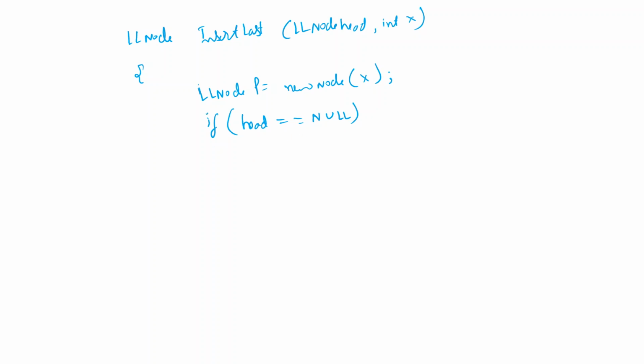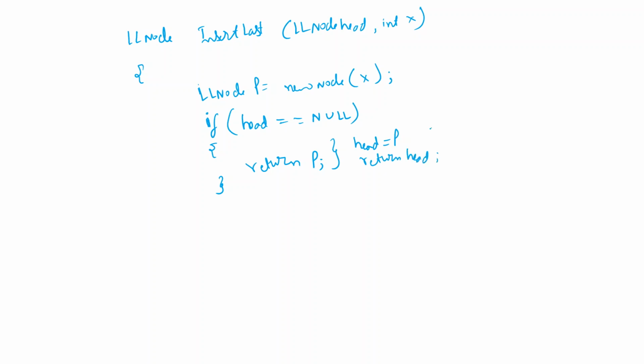So if head is equal to null, right? So assume there is no head. That means there is no linked list, right? So in case there is no linked list, the only thing you need to do is return p. You can either write this or write this.